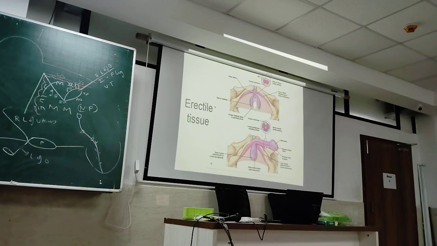Deeper to Colles fascia is a tough membrane which we said is the perineal membrane. The space which lies between the Colles fascia and the perineal membrane is called the superficial perineal space, earlier called the superficial perineal pouch.